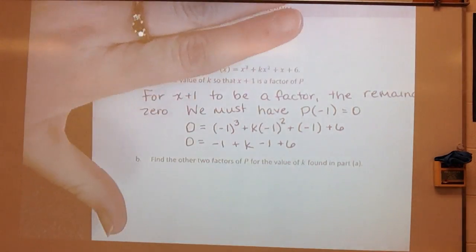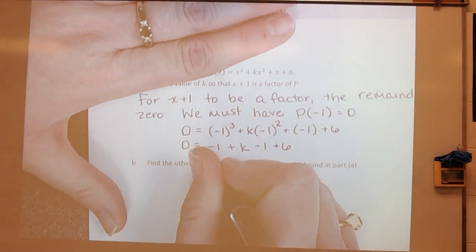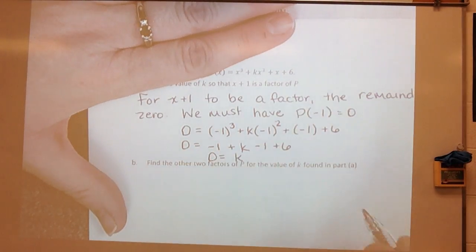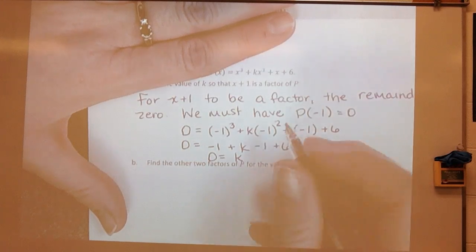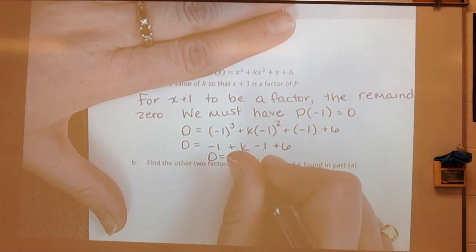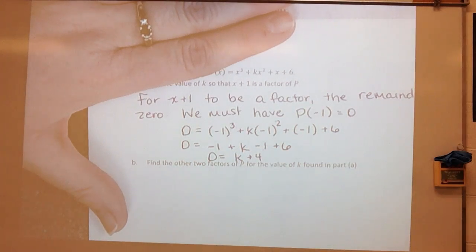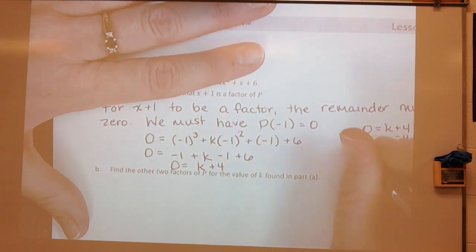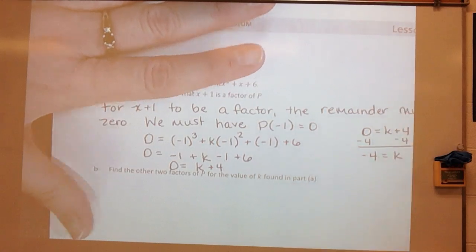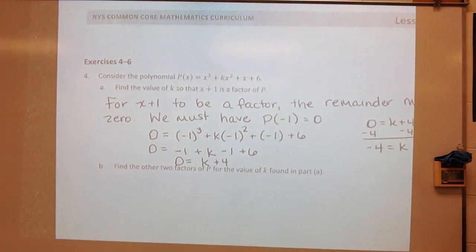Combine all your like terms, and I get 0 is equal to k, negative 1 plus negative 1 is negative 2, plus 6 would be plus 4. If I solve this, 0 is equal to k plus 4, k must equal negative 4. Alright? So k is equal to negative 4.